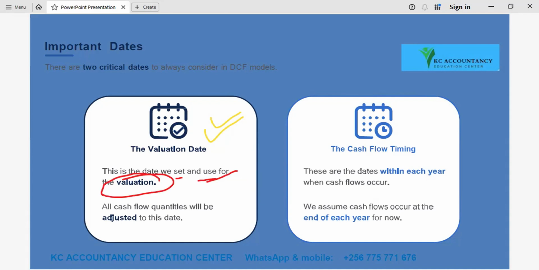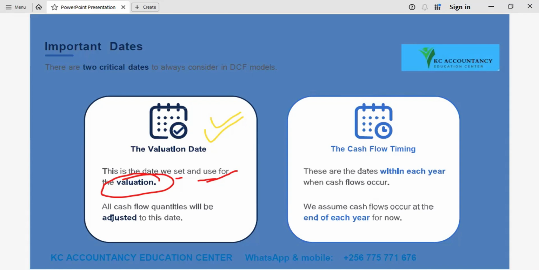We are going to just use it for valuation, but it's us who set it, because you may decide that I'm going to start the valuation maybe after 5 years, or maybe I'm going to start now, but I will proceed up to maybe 5 years from now, or I push it 5 years backwards.